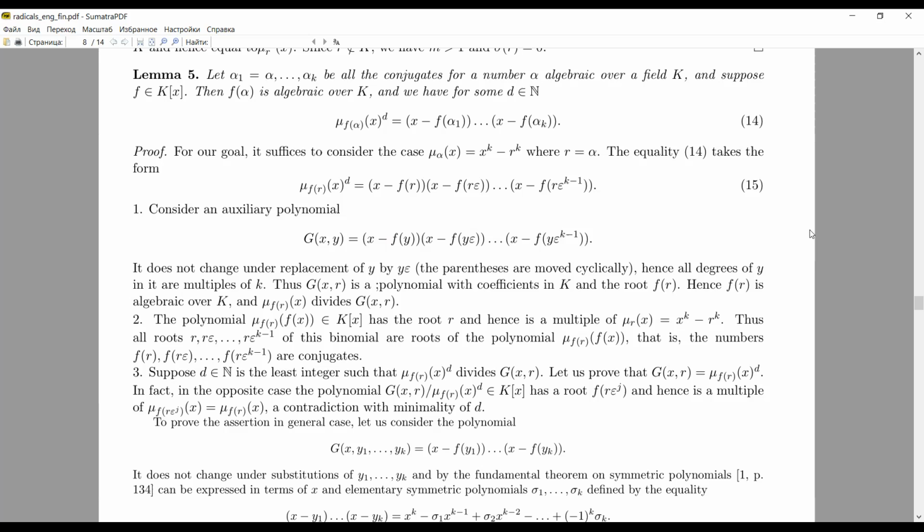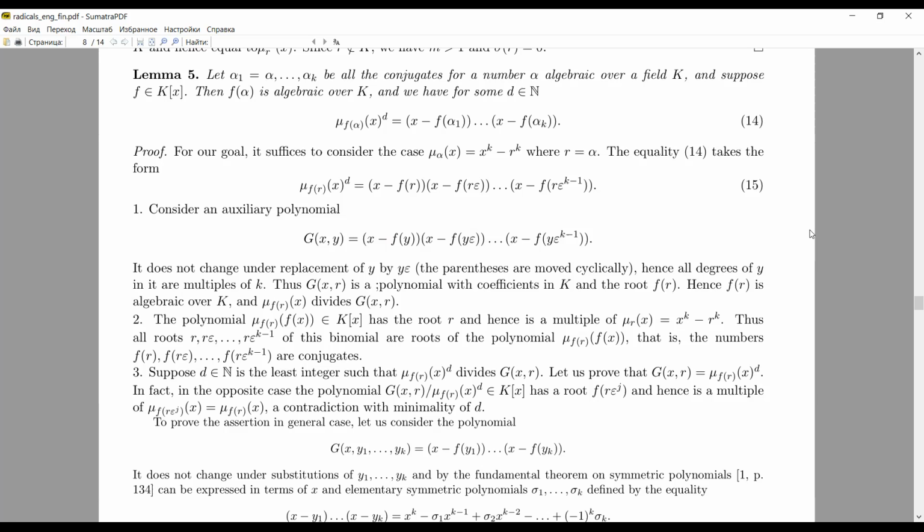So as a corollary, we have that all conjugates of f of r belong to the set f of r, f of r epsilon, etc. There are no other conjugates, but we need to prove that all these numbers are conjugates indeed.